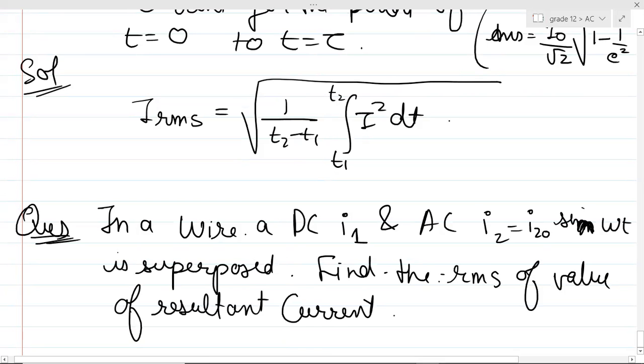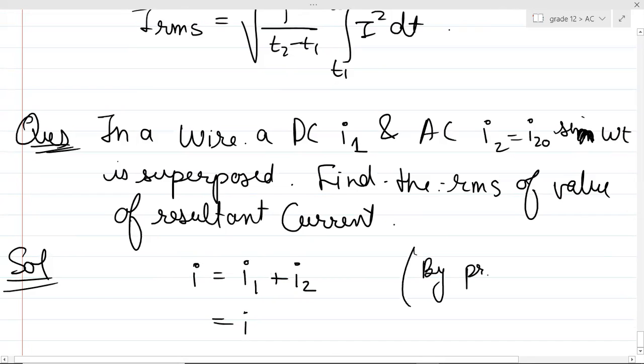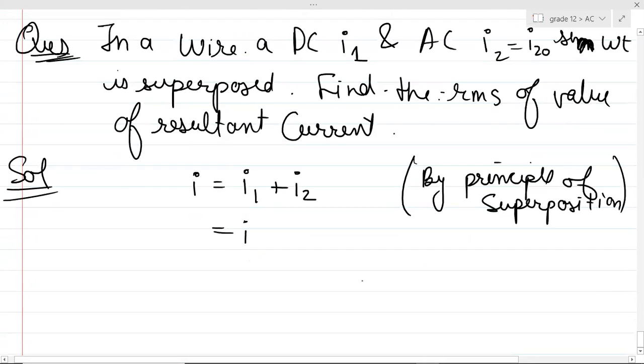I'll teach you one approach in this particular thing. Sometimes you don't need to calculate the whole thing directly, right? So first of all, what is the net current through the circuit? The net current will be basically the superposition of I1 and I2. This is by the principle of superposition. We'll discuss it later. Those who already know the principle of superposition, as we discussed in grade 11th and 12th, the vector sum of all the forces, you add vectorially. If current is a scalar, then you add scalars, no problem.